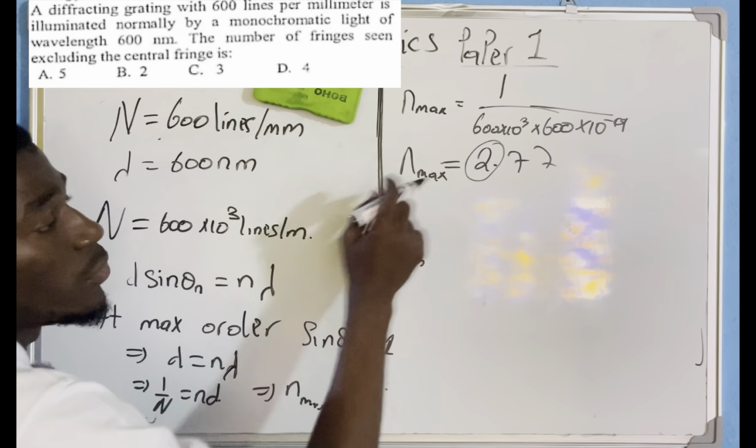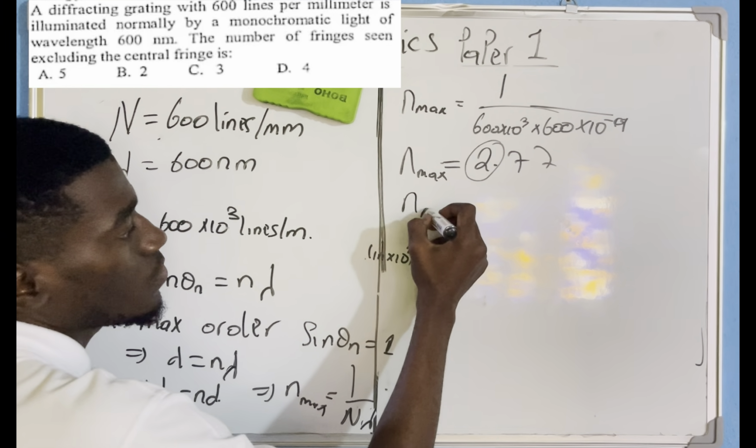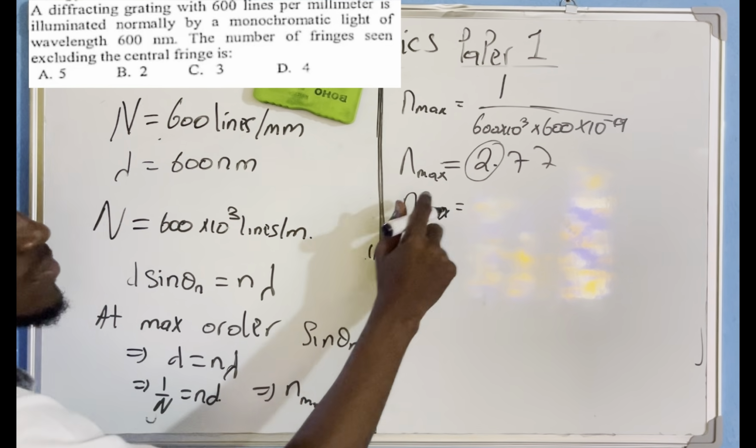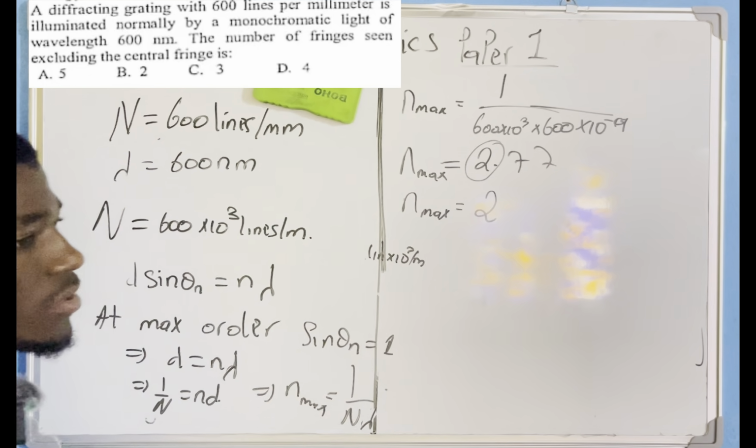We only deal with the whole number. It means that my maximum order possible here is 2.